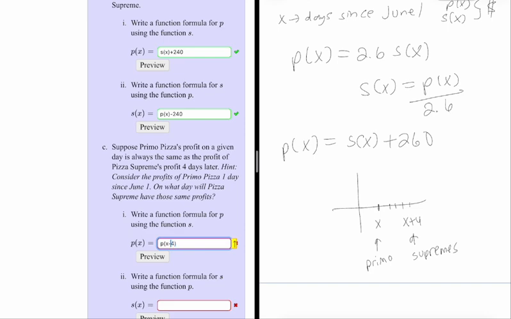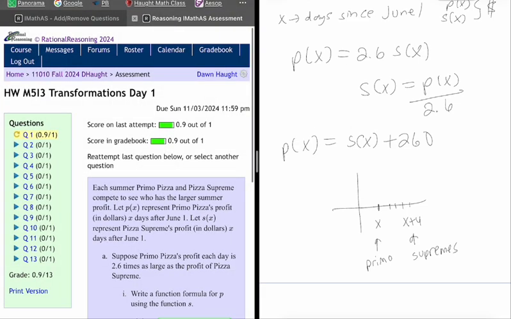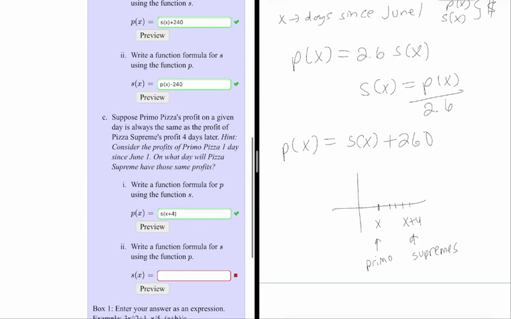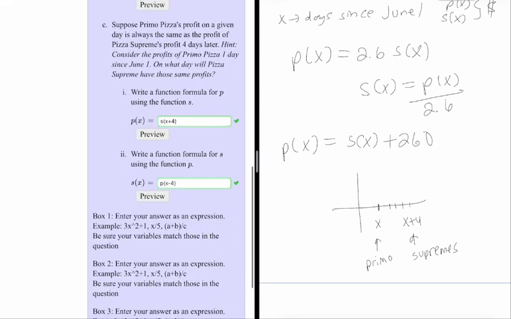Oh, S. Well, then it might have been right. Let's see which way it is here. Oh, okay, yeah, it is plus 4, because S has gone to the right of Primo. So if we want to go the opposite way, Primo is X minus 4. Yeah, there you go with that one.